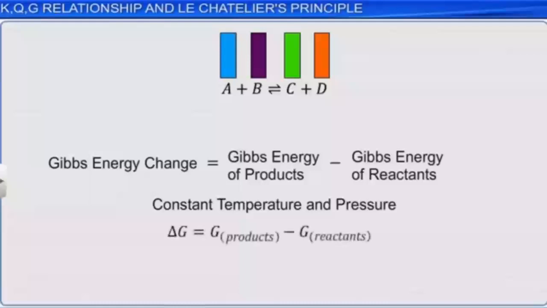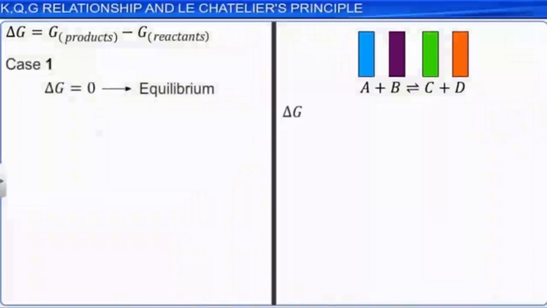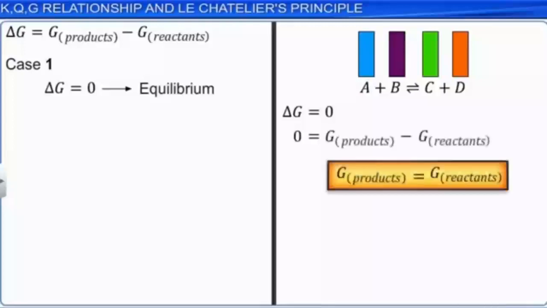This can be represented as delta G is equal to G of products minus G of reactants. When delta G is equal to 0, it means that the Gibbs energy of the products is equal to the Gibbs energy of the reactants. At this stage, the system is said to have achieved equilibrium.